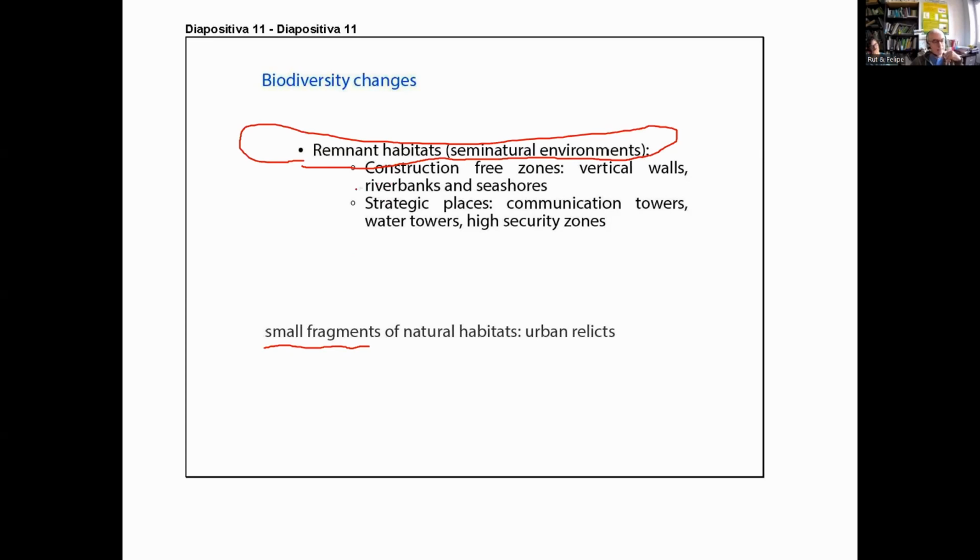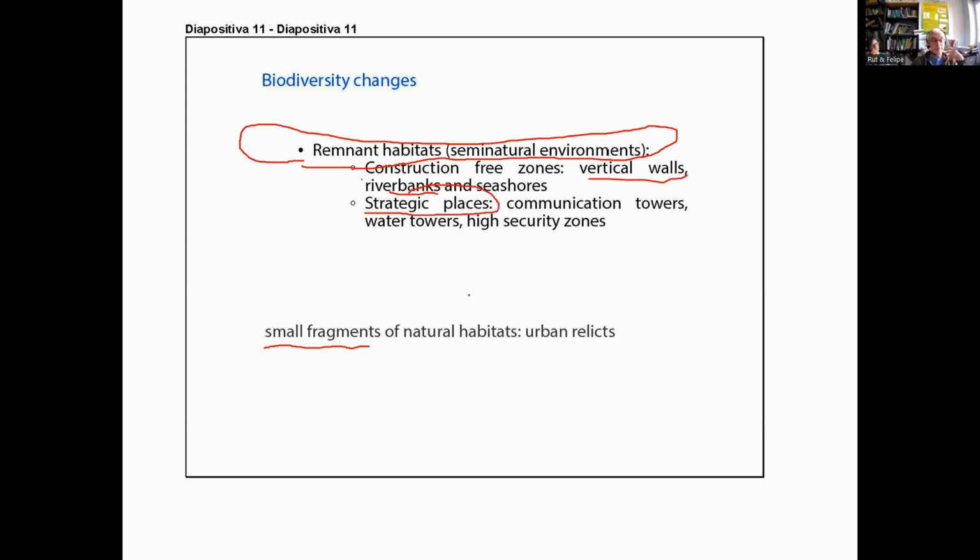You find this type of habitat in the city in places where buildings cannot go, like vertical natural walls, rock walls, riverbanks or seesaws. They are the last remaining natural habitats that you can usually find in cities.